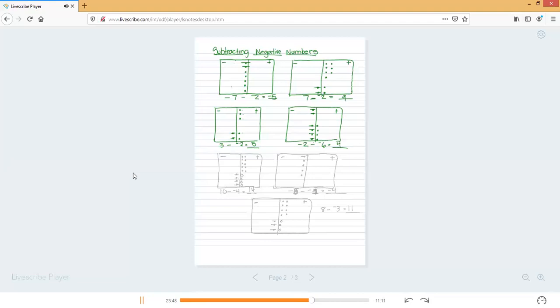minus negative 3. Okay, so the first rule states that I write down the minuend. The minuend is the number 10, and it's a positive 10. So I'm going to write down that 10 on the positive side: 1, 2, 3, 4, 5, 6, 7, 8, 9, and 10. Then I have to make negative 4, so I make 4 negative little dots: 1, 2, 3, 4.